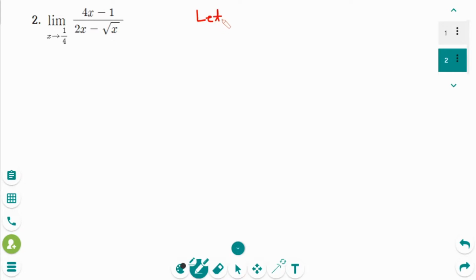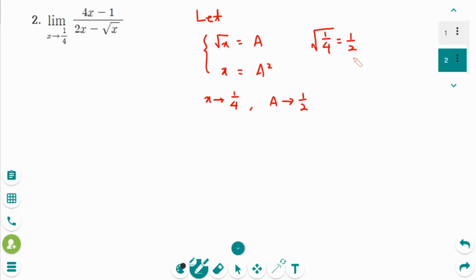Let square root of x be a. Then square each side. We get x equals a squared. When x approaches 1 over 4, it is the same as a approaching 1 over 2, because square root of 1 over 4 is the same as 1 over 2.